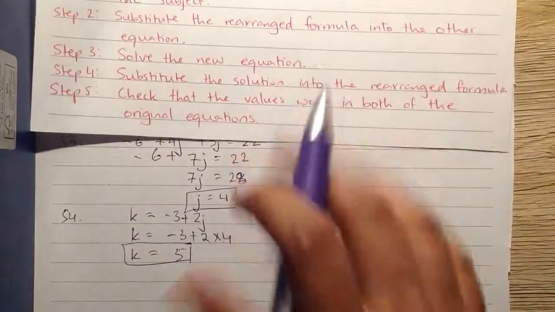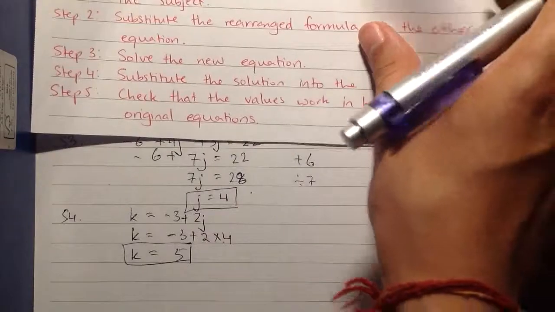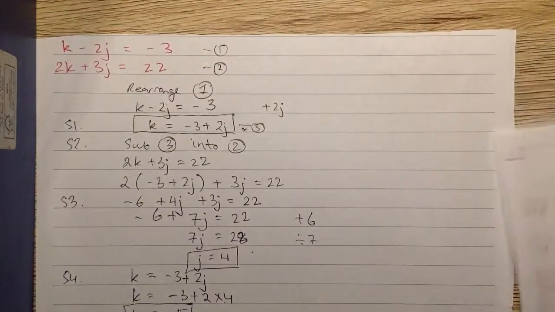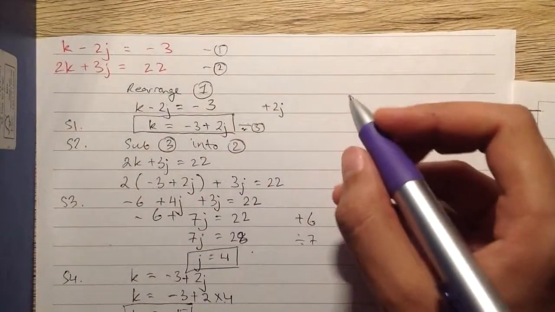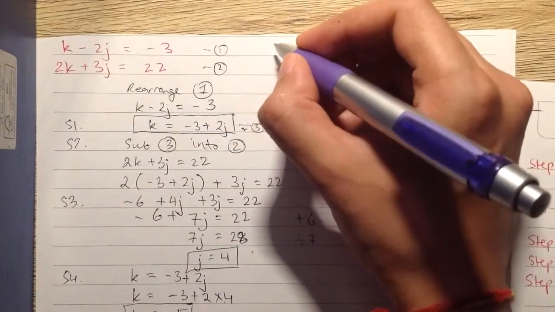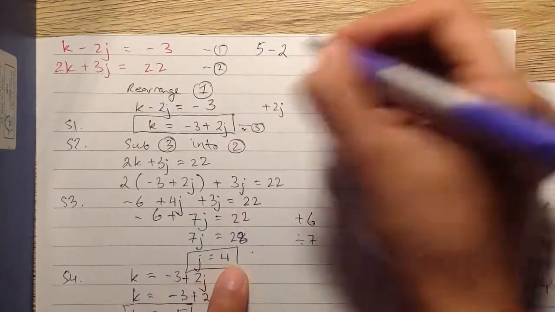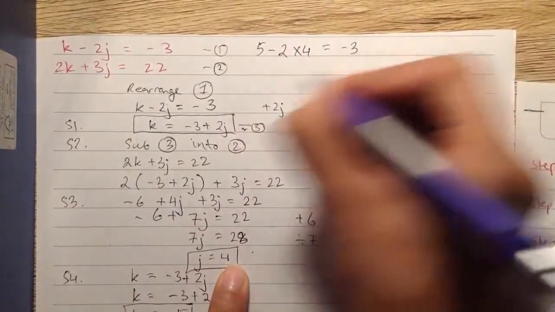Now the last step is to check that the values work in both of the original equations. So our original equations are k minus 2j should give us -3. Alright, well, do our values do that? So our k is 5 minus 2 times j is 4. 5 minus 8 is -3.